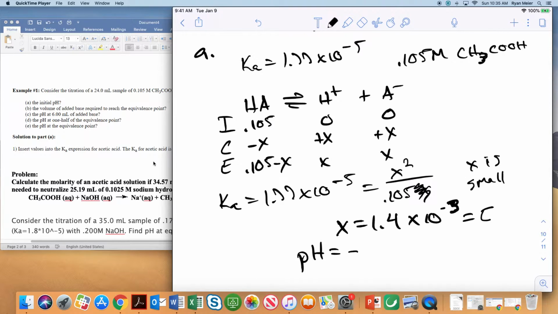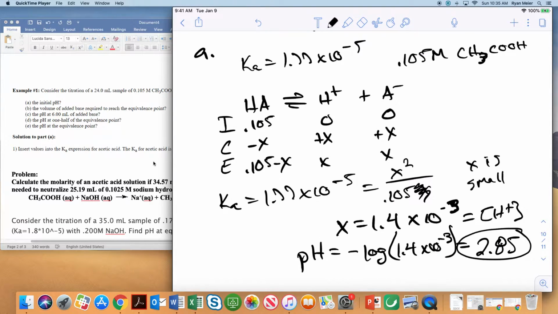Well, X is the H3O plus concentration. So negative log of 1.4 times 10 to the minus 3, and I get about 2.85, it looks like. So 2.85 would be my pH for that acetic acid solution.